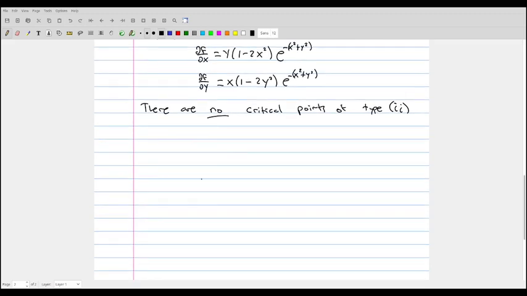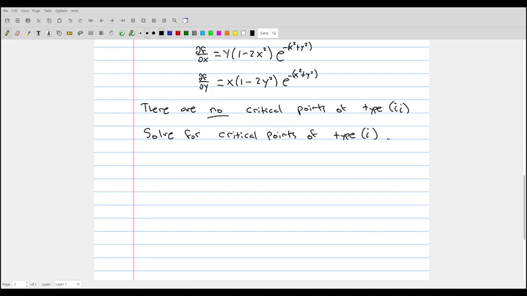So there are no critical points of type 2, but there definitely are probably going to be critical points of type 1. So we need to figure out how to solve for the critical points of type 1.